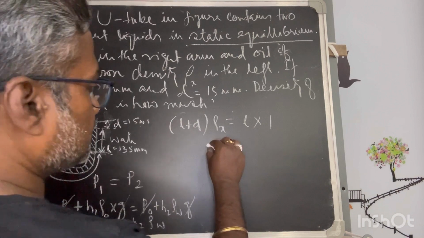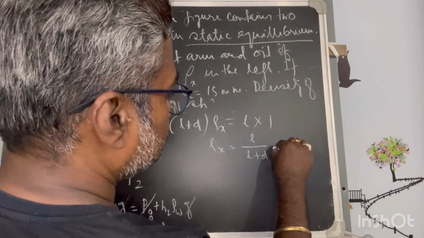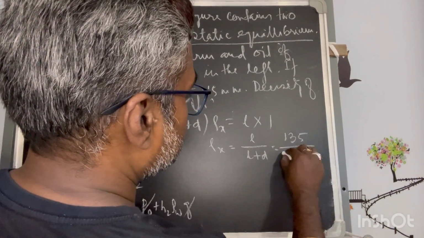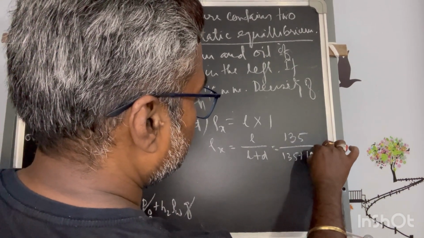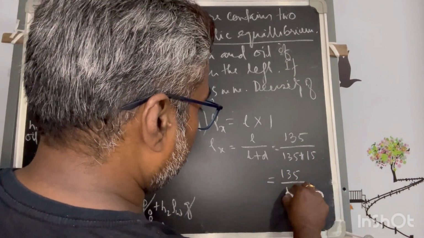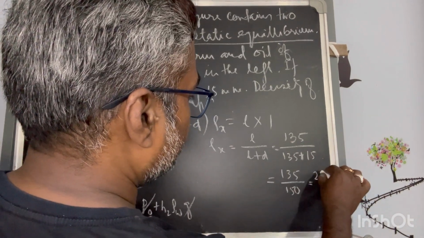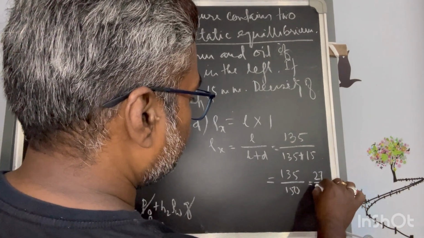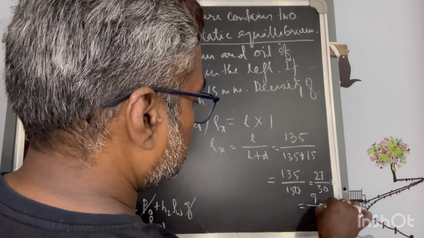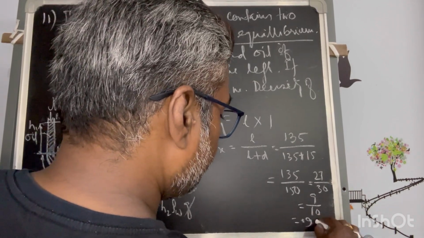If I know all this, so rho x is equal to L by L plus D, that is equal to 135 by 135 plus 15, isn't it? So 135 by 150, that is equal to 0.9.